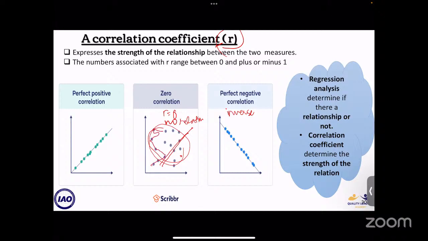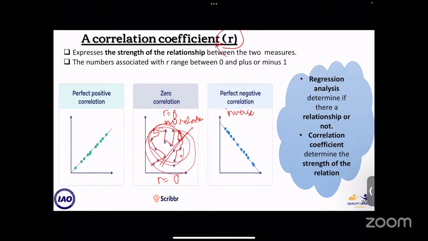Can I draw a straight line here? No. So when we see this circular shape, it means that the correlation coefficient r is equal to 0. No relation. Very good. There is no correlation at all.